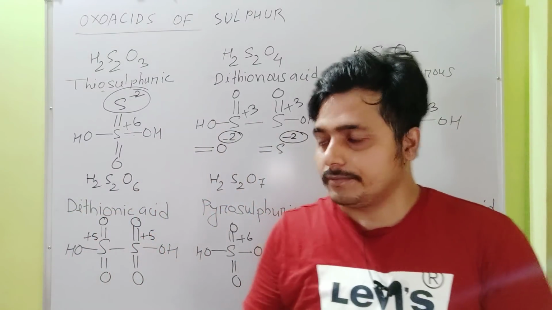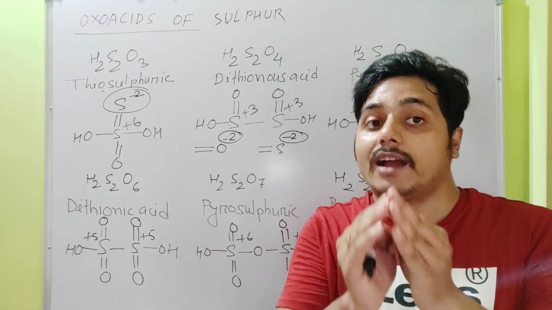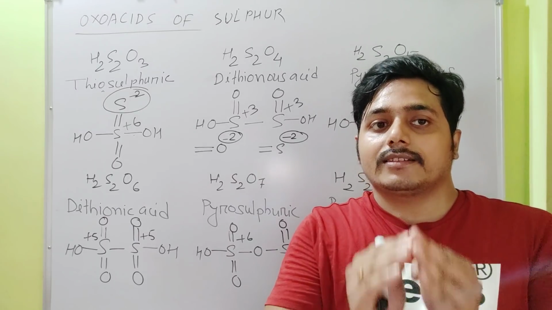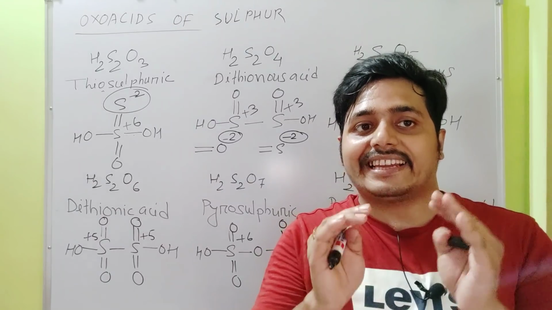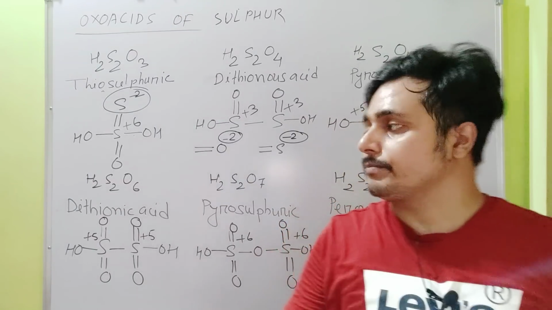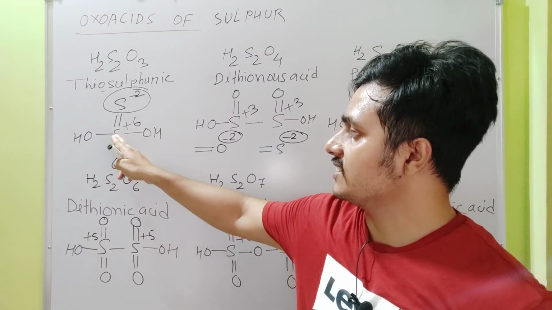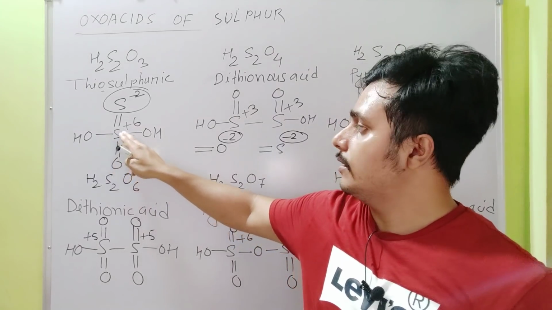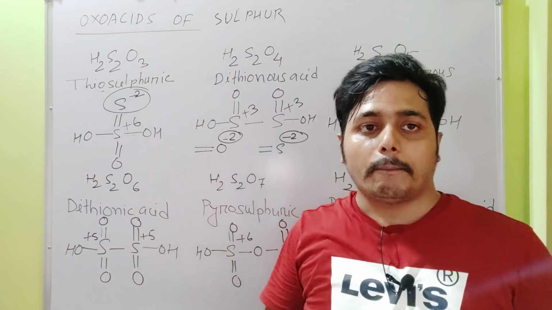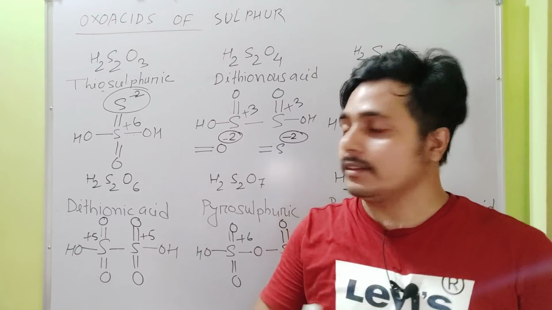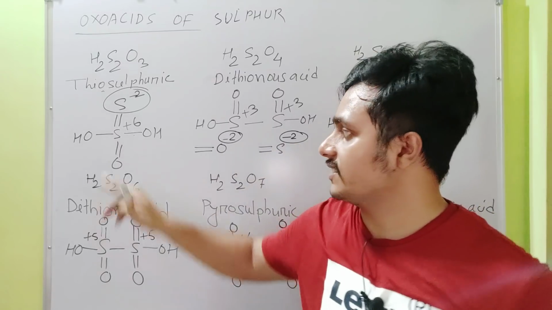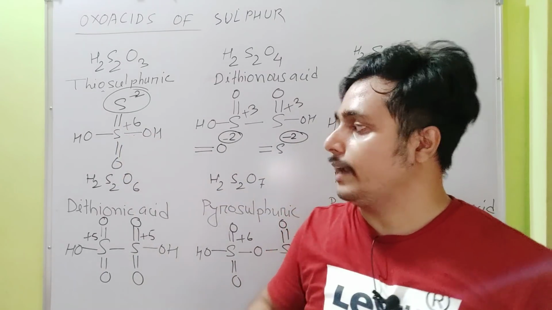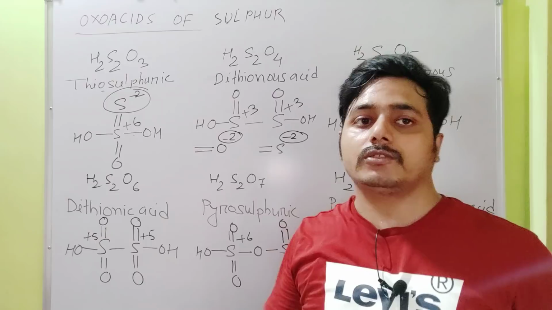If in a compound one sulfur is linked to another sulfur by single bond, then both the sulfur do not get any oxidation state. In this case, this central sulfur is connected to another sulfur by double bonds. Therefore, this terminal sulfur gets -2 oxidation state, and the central gets +2 and +4 due to 4 bonds with oxygen.